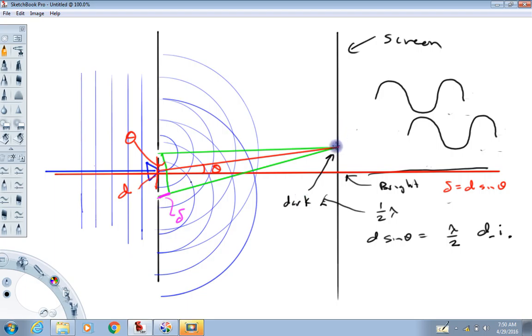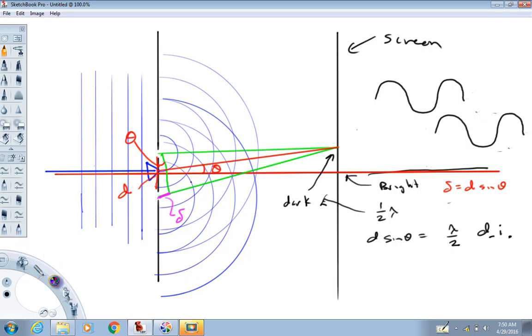Now, let's kind of imagine this point moves up to here, maybe a little bit further. This waveform would shift further. Now, at that point, these waves are in phase again. Okay?